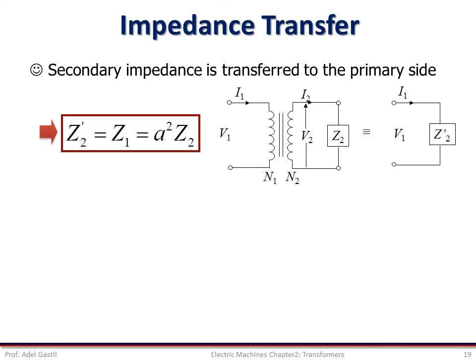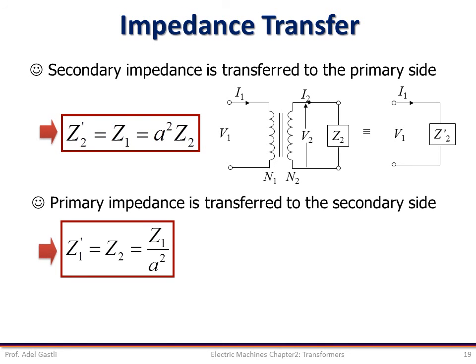So the secondary impedance transferred to the primary side is designated by Z prime 2 and equals A squared Z2. And the primary impedance transferred to the secondary side is designated by Z prime 1 and equals Z1 over A squared.